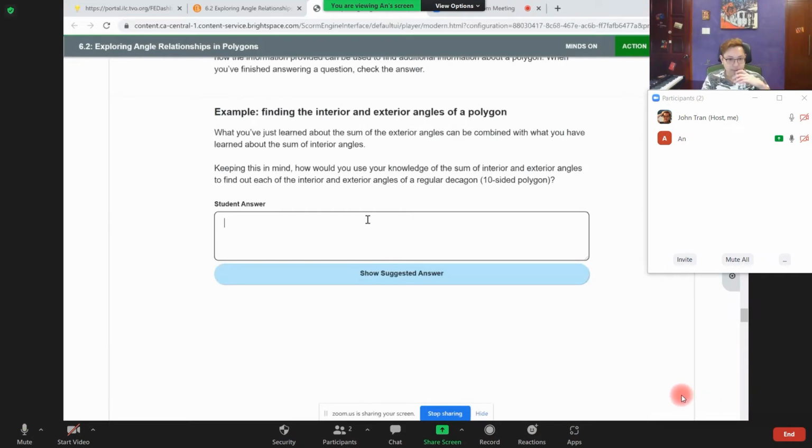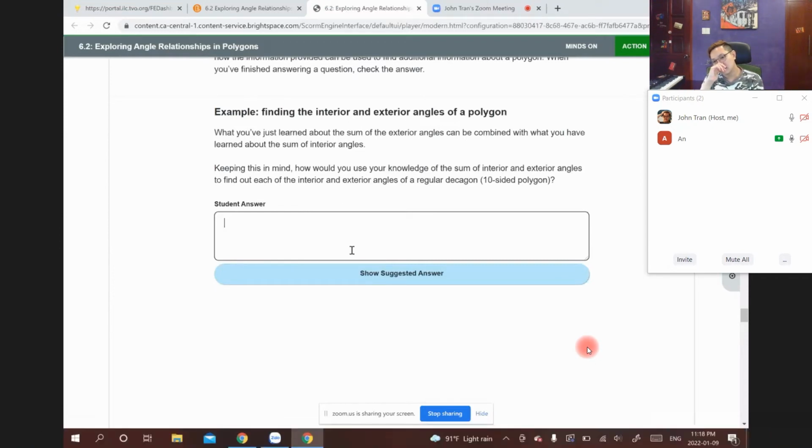Yeah. So all of it adds up to 360, and each is 36. But the interior is a bit more difficult. It's 1440.